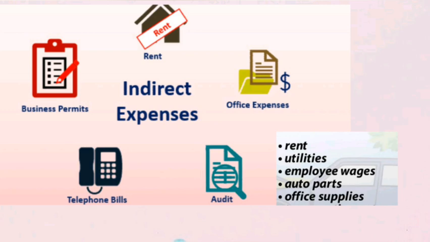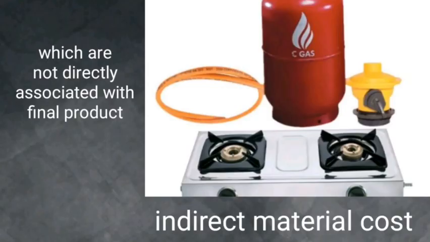I hope you all know what a variable cost is exactly after hearing this session. And now let us see about the overhead cost. Overhead cost is the aggregate of indirect material cost, indirect labor cost, and indirect expense.